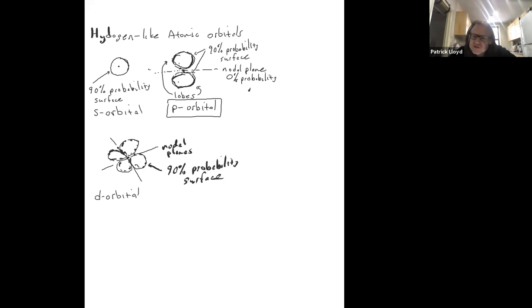I'm going to show you one more, and that's the f orbital. And we won't talk much about the f orbital, but I do want to show it to you. Again, here's the nucleus. And it has 6 lobes. So it's a more complicated wave.